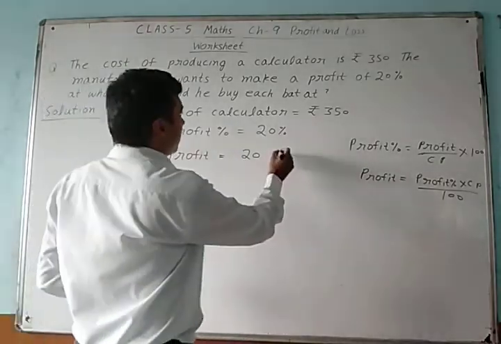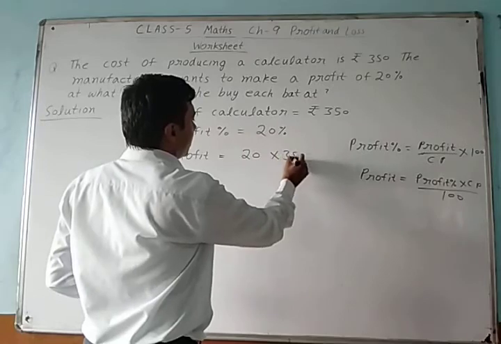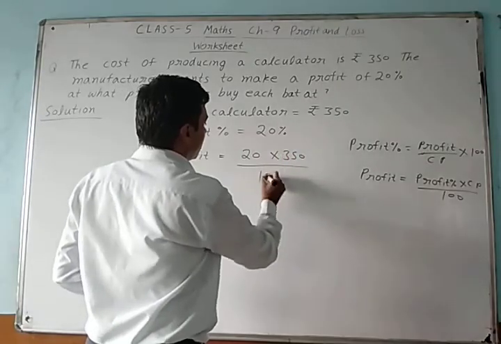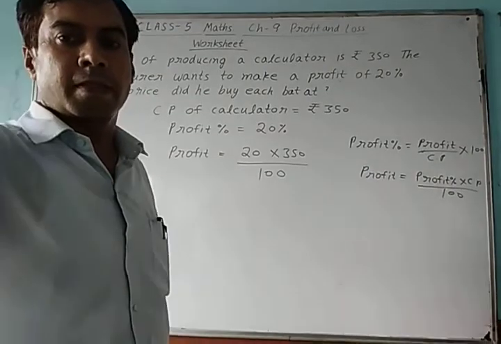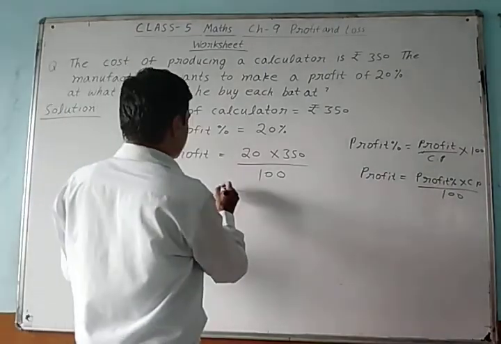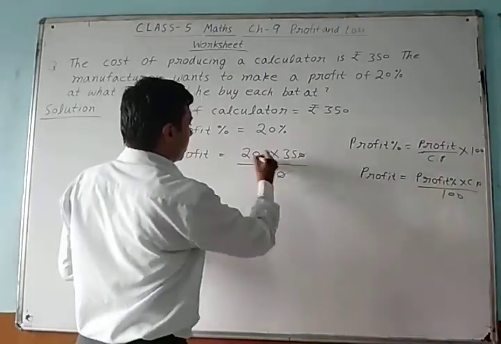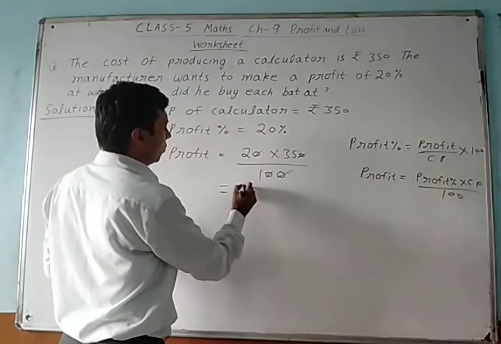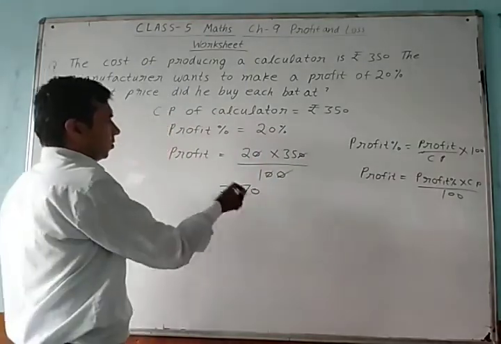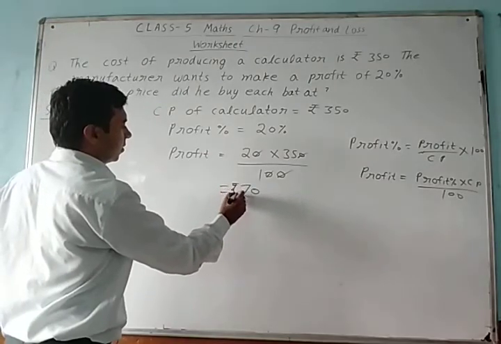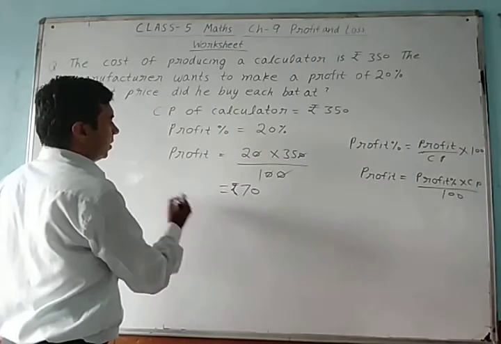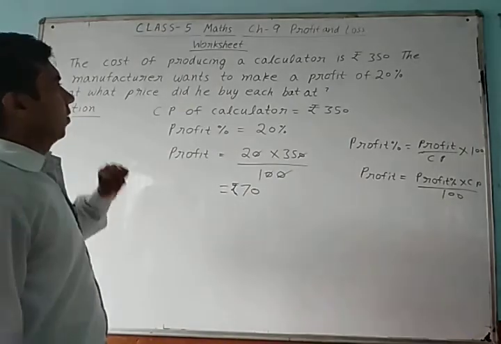Now into CP, 350 upon 100. Zero cut, 35 into 2, 70. So student, this is our profit, rupees 70.